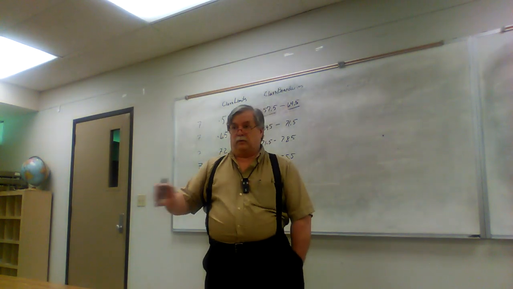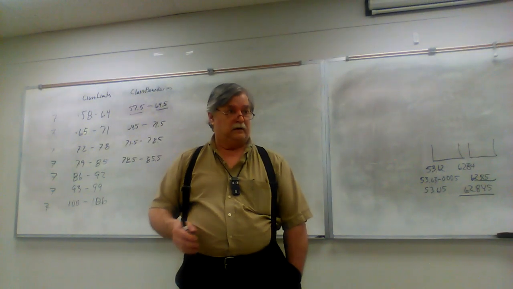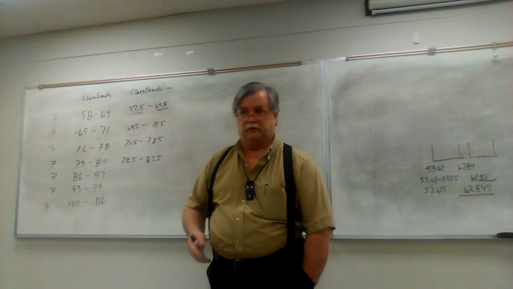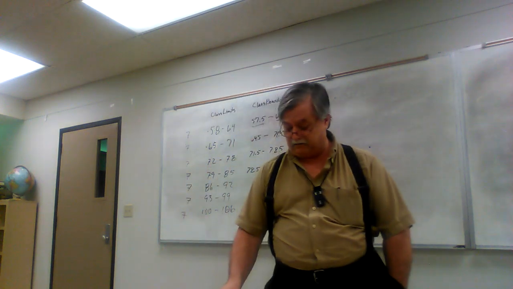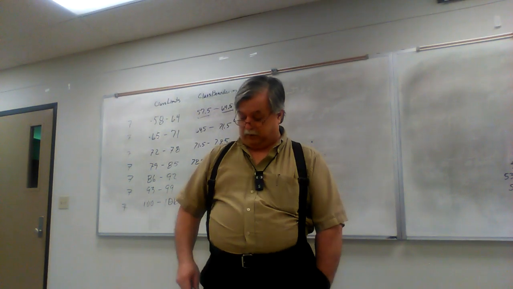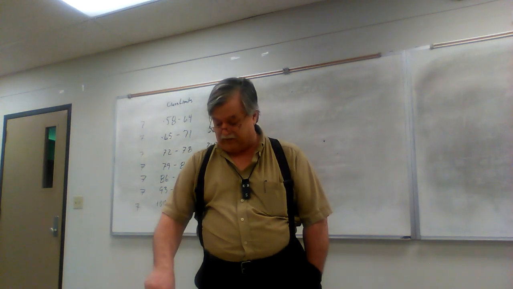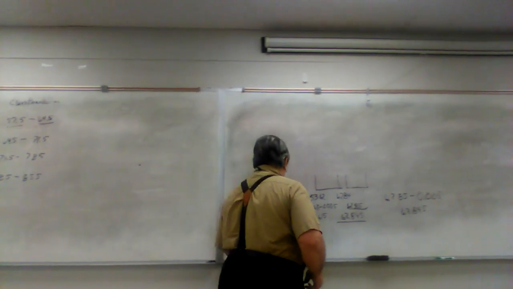But at some point, when you start seeing zeros show up in your classes, in your tallies, then you've resolved it further than the data supports. So back off a few classes and try to make sure you've got some tally in every class. Okay, number 2, it is preferable, but not absolutely necessary, that the class width be an odd number.